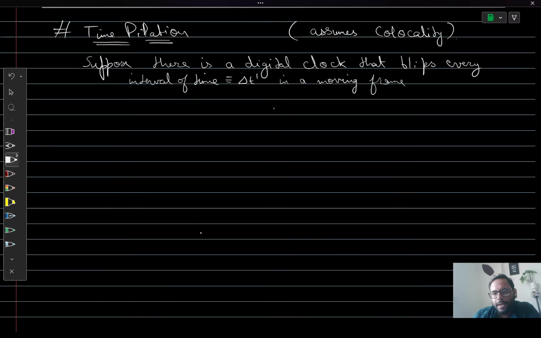So what do we have? We have a moving frame, where this is z prime, x prime, and this is moving with some velocity. This is my S prime frame.